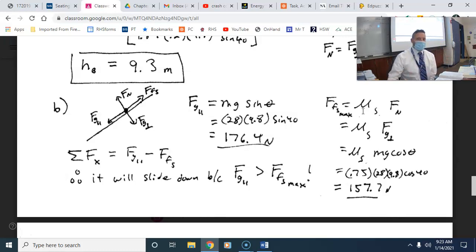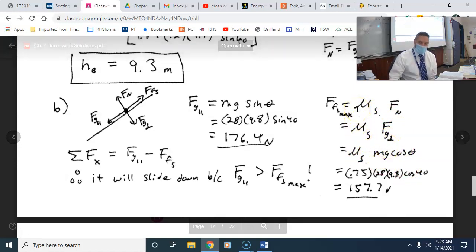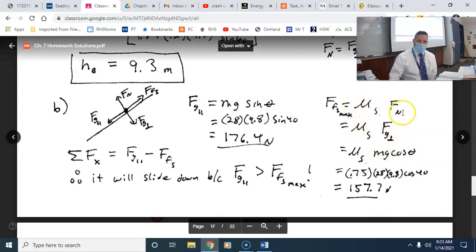That was stuff from the past. All right. So plugging in the given mu static from above, and the fact that friction is mu times the normal force, but the normal force is equal to the perpendicular component of gravity, which is mg cosine theta. Multiplying that all up shows me that the max static friction is only 157.7.